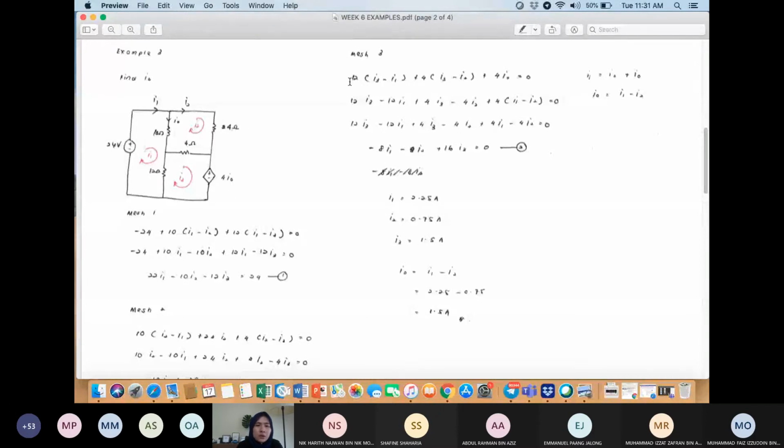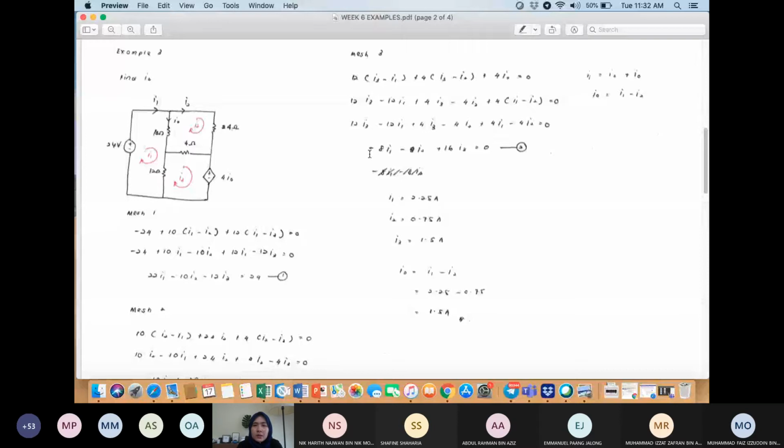So the KVL for the loop 3 is 12 multiplied with I3 minus I1, plus 4 multiplied with I3 minus I2, plus this is 4I0, because the voltage here is equals to 4I0, equals to 0. So simplify this equation, you will get this equation.